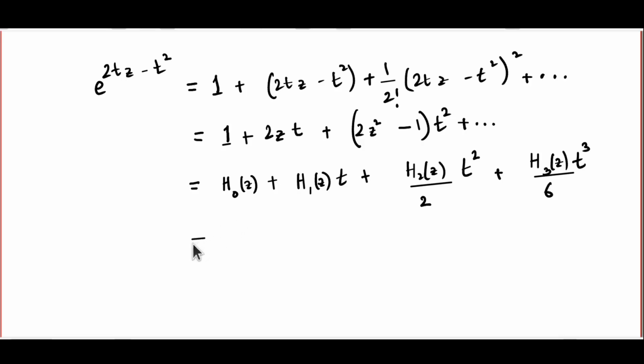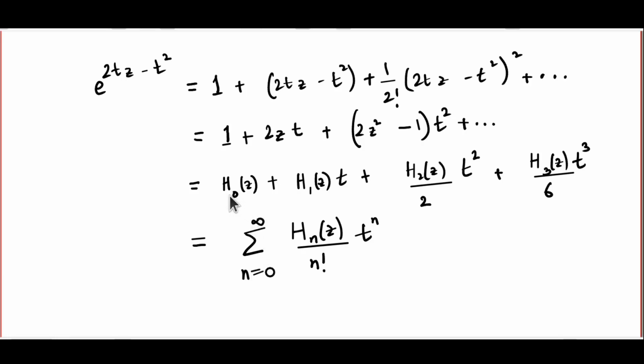And this actually generalizes to all powers of t. It turns out that this function happens to be the sum of t to the n times the coefficient. The coefficient just happens to be the nth Hermite polynomial divided by n factorial, n going from 0 to infinity.